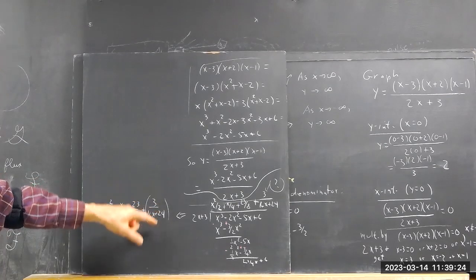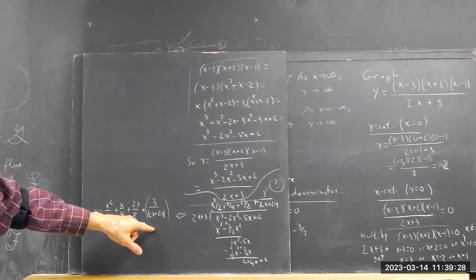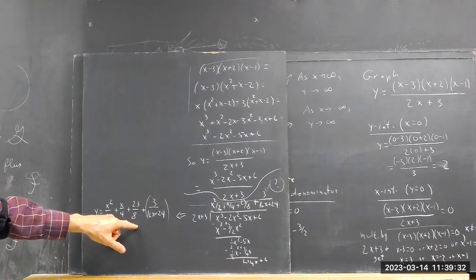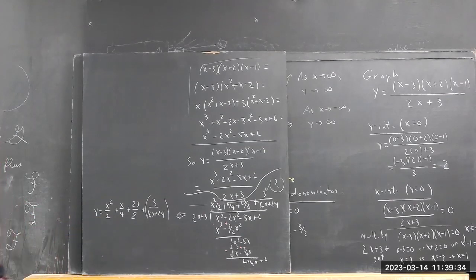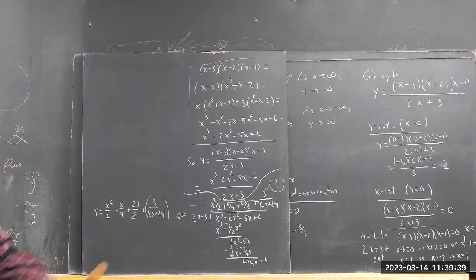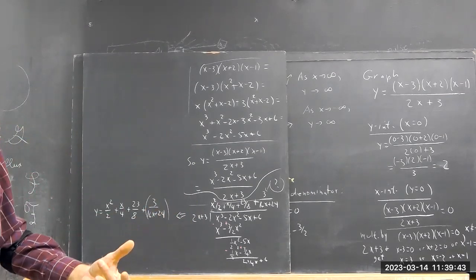This, when x gets big, approaches 0. This is a quadratic function you could graph. You can find its vertex, you can find its intercepts. Okay, this stuff you're going to have to do in a test.